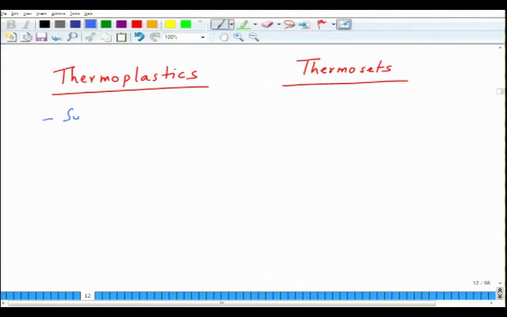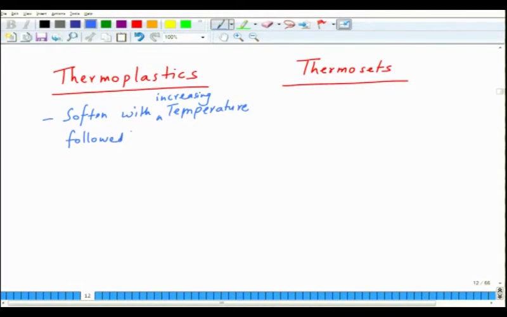They soften with increasing temperature. They have a sort of melting phenomenon, followed by melting. They can be formed into various shapes, just like a liquid metal is cast into solids.